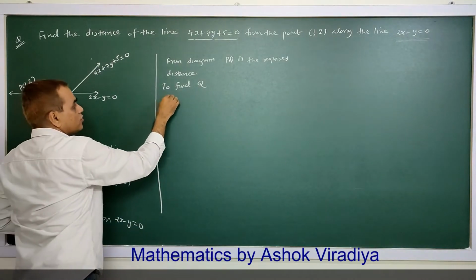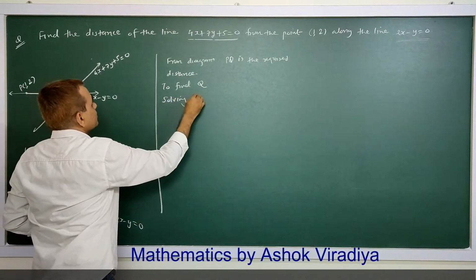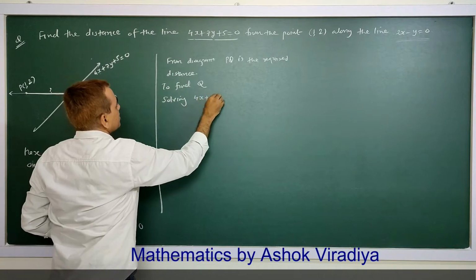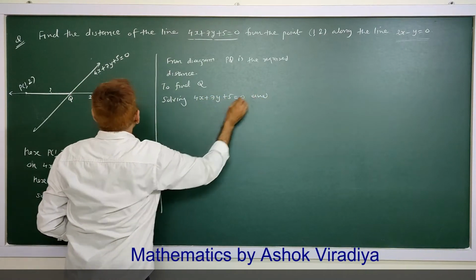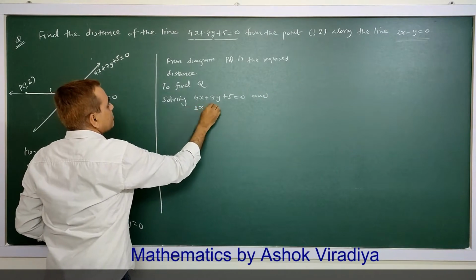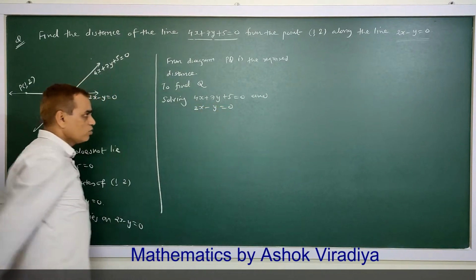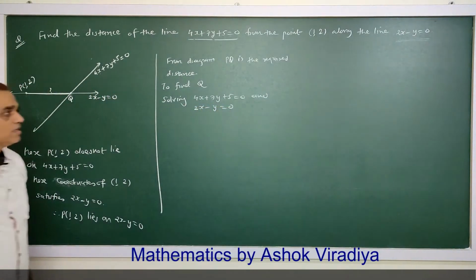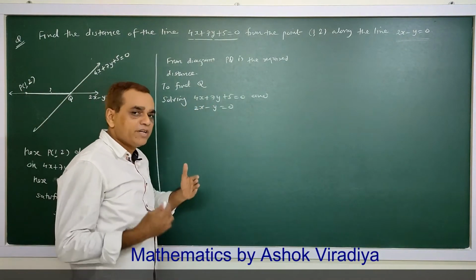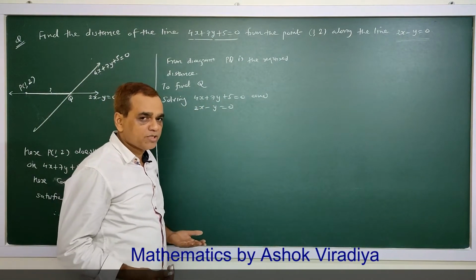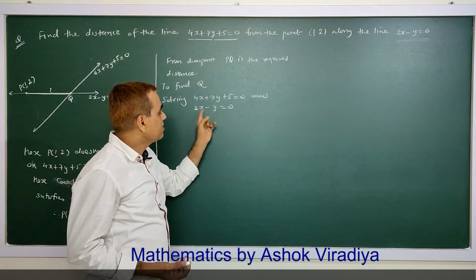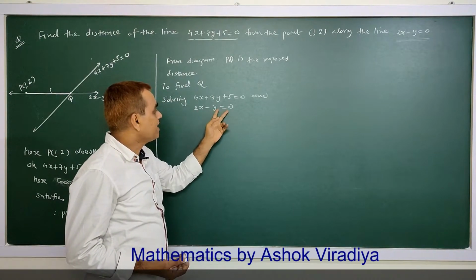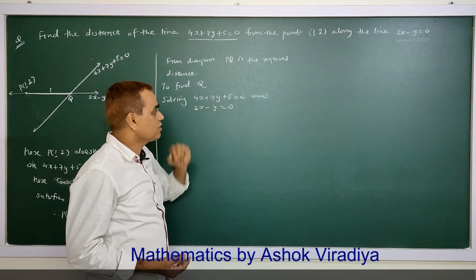So solving equations 4x plus 7y plus 5 equal to 0 and 2x minus y equal to 0. We can solve this by elimination method, or you can solve by substitution method. Here we can put value of y from the second equation into the first equation.